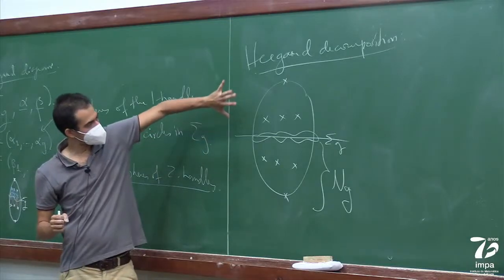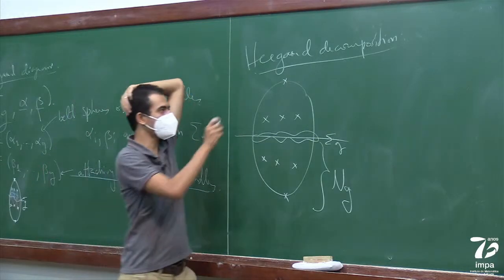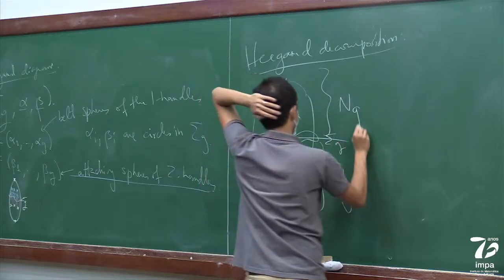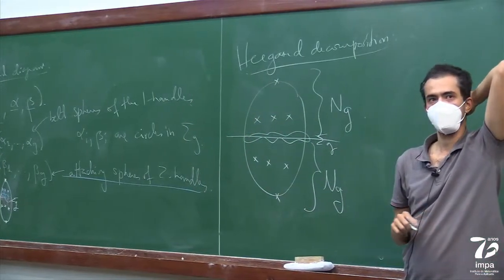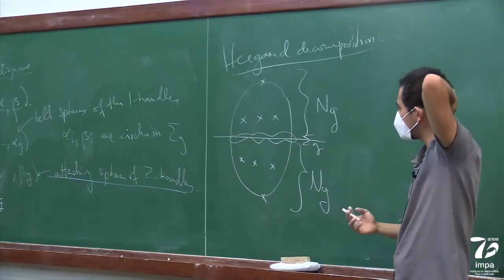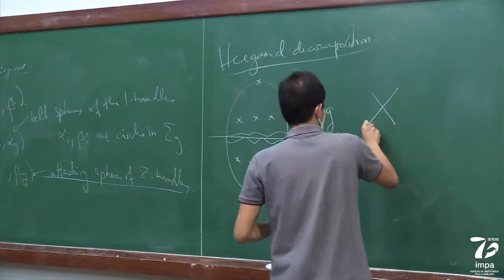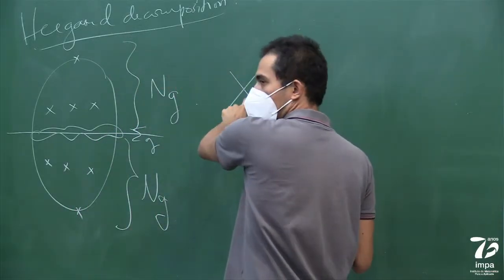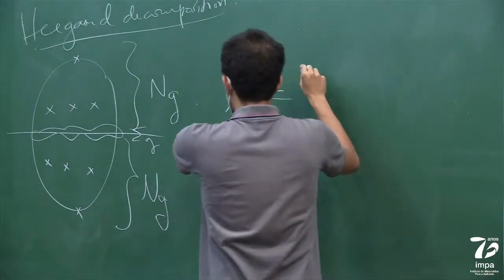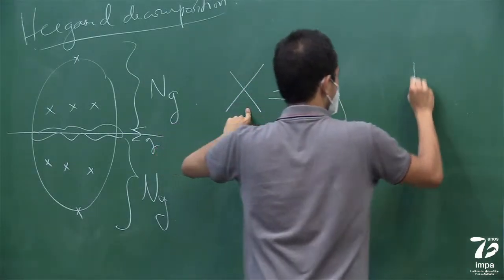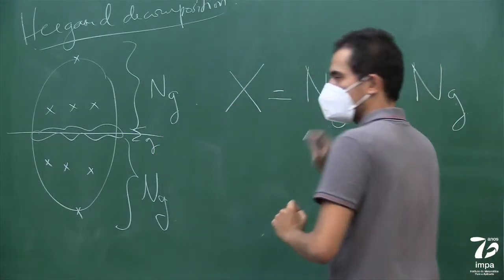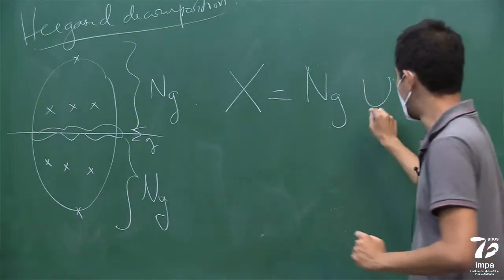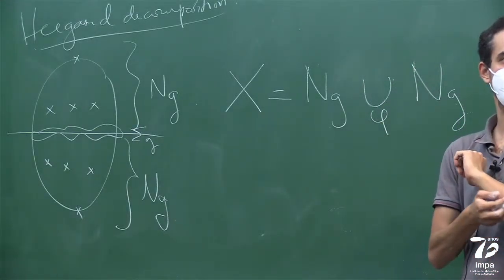But if you look at this upside down, the top here is also a genus g handlebody. So a Heegaard decomposition says you can write any three-manifold that's compact, closed, oriented and connected as the union of two handlebodies that are attached along a diffeomorphism of a surface.